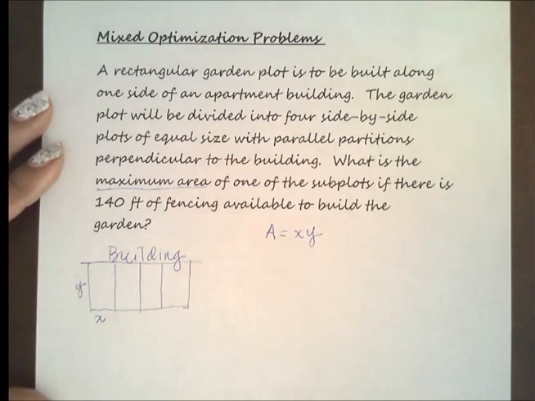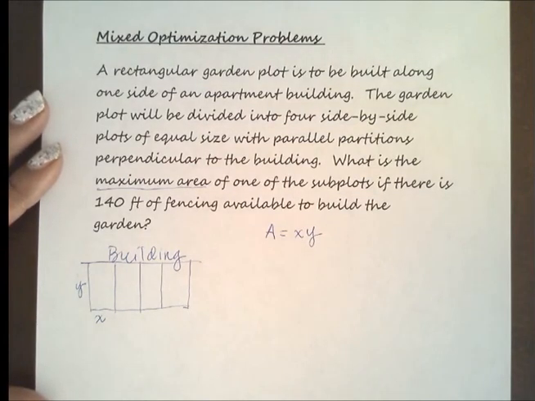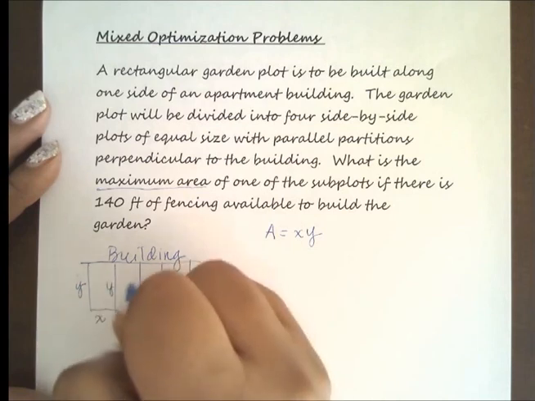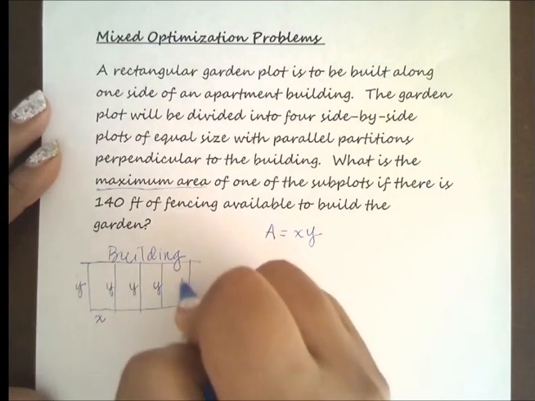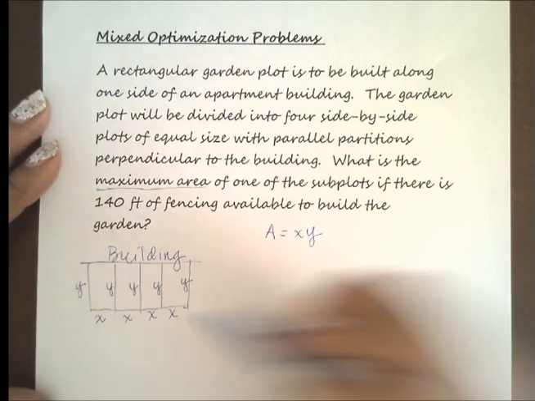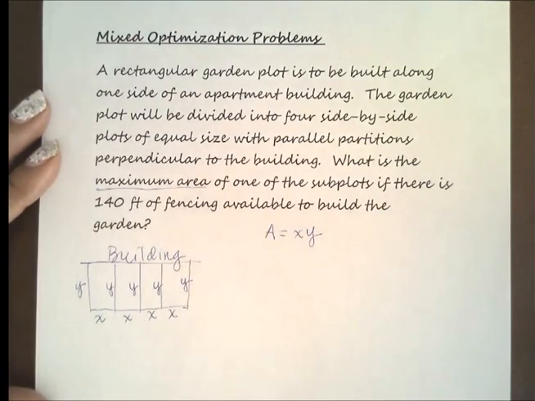Now we need to be able to write the area function, my optimization function, in terms of one variable in order to solve the problem. So let's fill in the diagram with some more information. In fact, all of these vertical sides are y, and all of these horizontal sides are x. I don't need anything along the building because that's going to act as a side in all of the subplots.